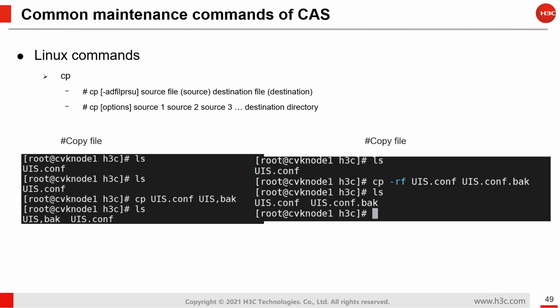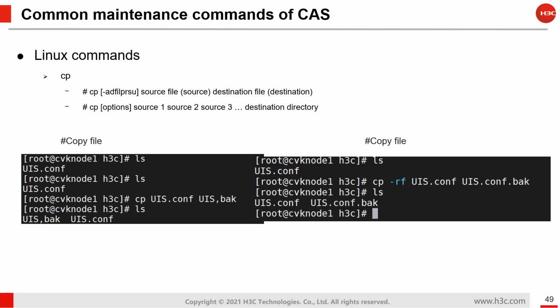cp. cp means copy. We can copy a file to another file. For example, cp source file and destination file. We can copy the source file to the destination file. And we can also copy source 1, source 2, source 3 to the destination directory.